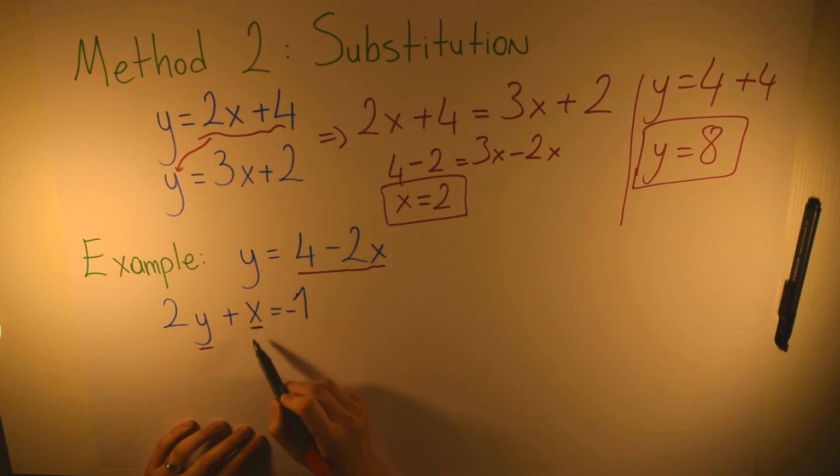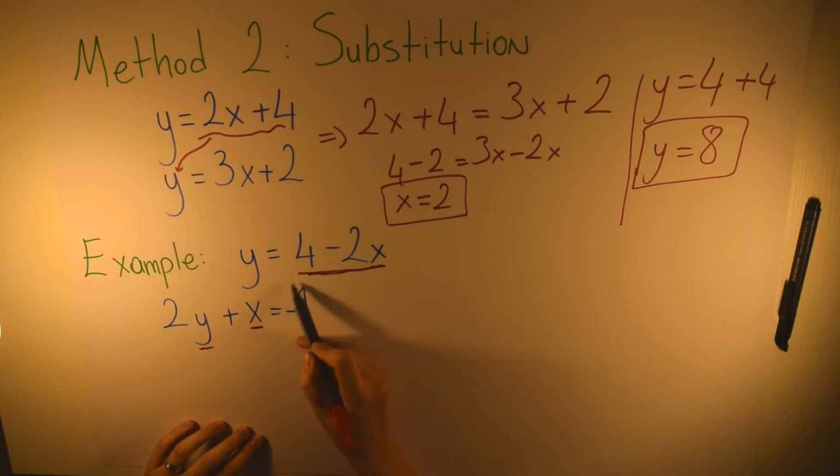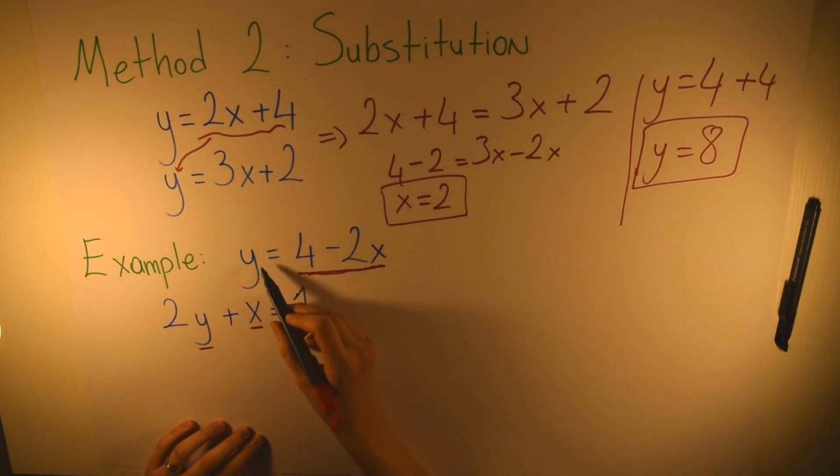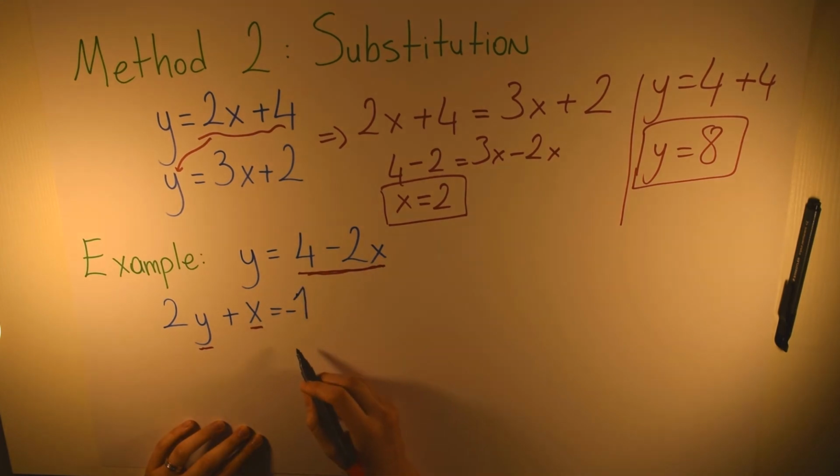So I can use this expression to get x, and after that I will put that value in one of these equations, and then I will get our y value.